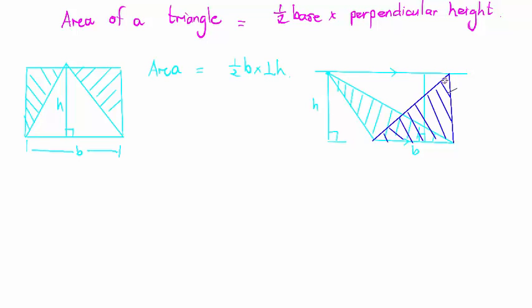What is the plural of apex? Apices, I don't know. But anyway, if I do connect them, then there's a parallel line between these two, which means that they have the same perpendicular height above the base. Does it make sense to you that these two triangles have exactly the same area? Why do they have the same area? Same base and same height.